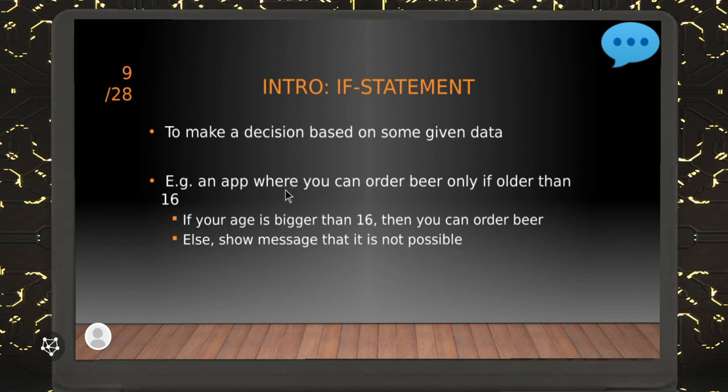Let's say you have an application where you can order a beer, but it only allows ordering beers if you are older than 16, for example. Could be 18 or 23. So how would you do that? You would have some kind of condition to say, okay, if the age entered by the user is larger than 16, then you can order a beer. Else, if they are not, show a message saying you are not allowed to do that.